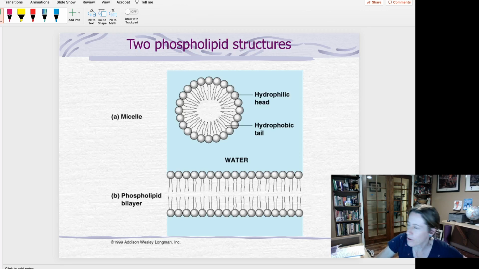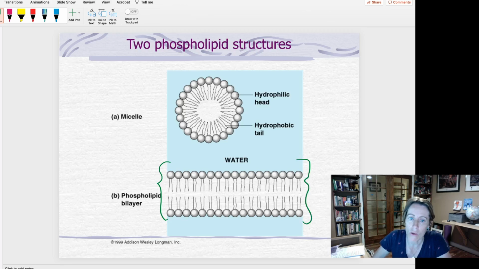But here's another option that these phospholipids can do. They can arrange themselves in this kind of a formation, and this is called a phospholipid bilayer. Bi means two, layer means layer. So we have two layers of phospholipids. Here's the top layer, here's the bottom layer.